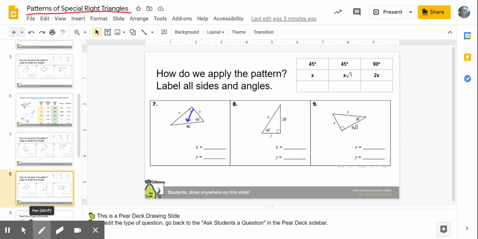So where do I put the 46? What is that? Is that the x, the 2x, or the x on the square root of 3? That's the 2x. So what's x going to be? Well, in our case, y. Yep, this short side, 23.